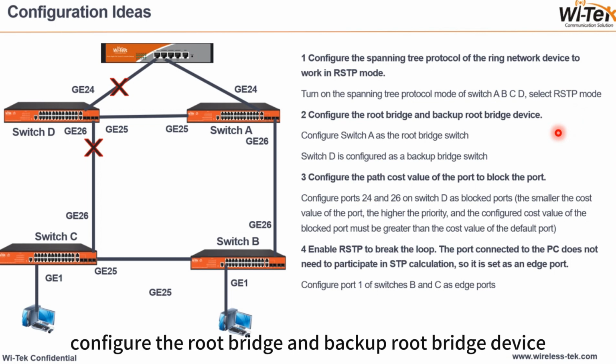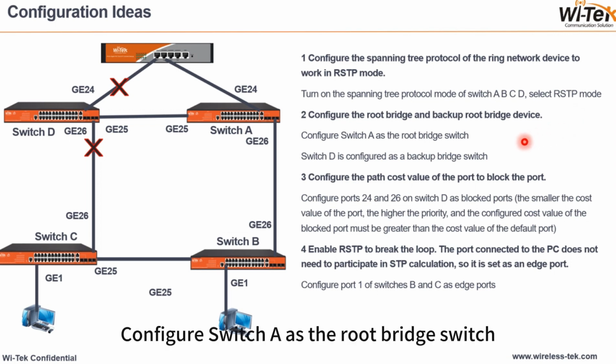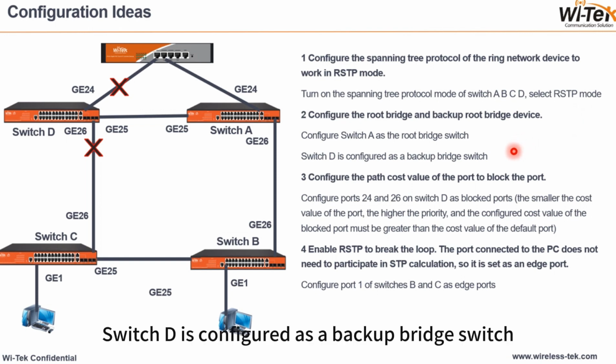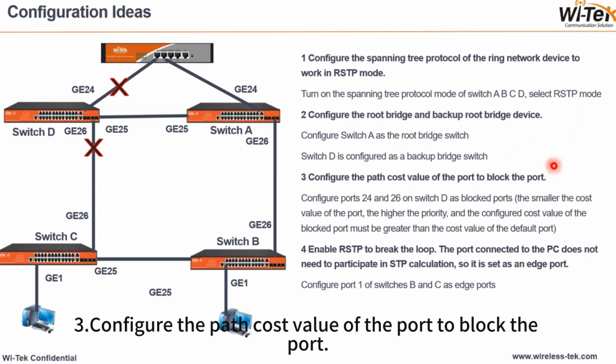Second, configure the root bridge and backup root bridge device. Configure switch A as the root bridge switch. Switch D is configured as a backup root bridge switch. Third, configure the path cost value of the port to be blocked.